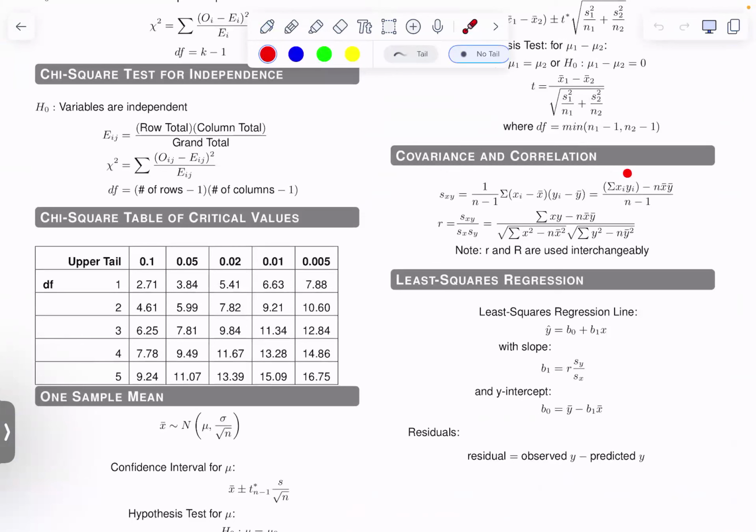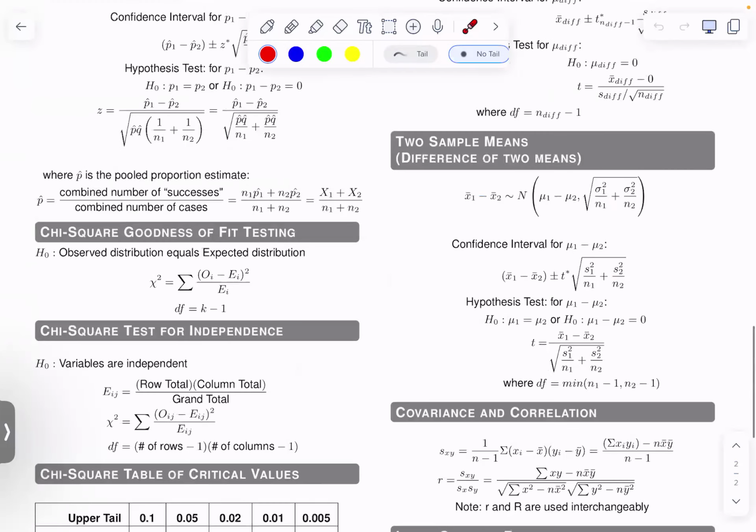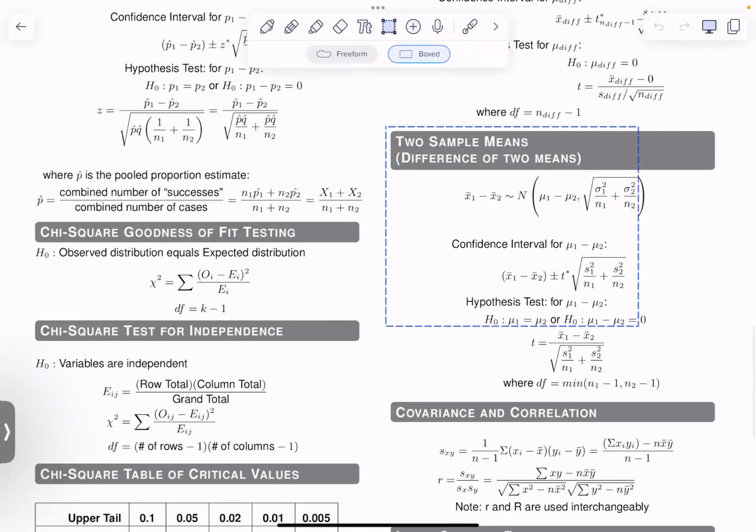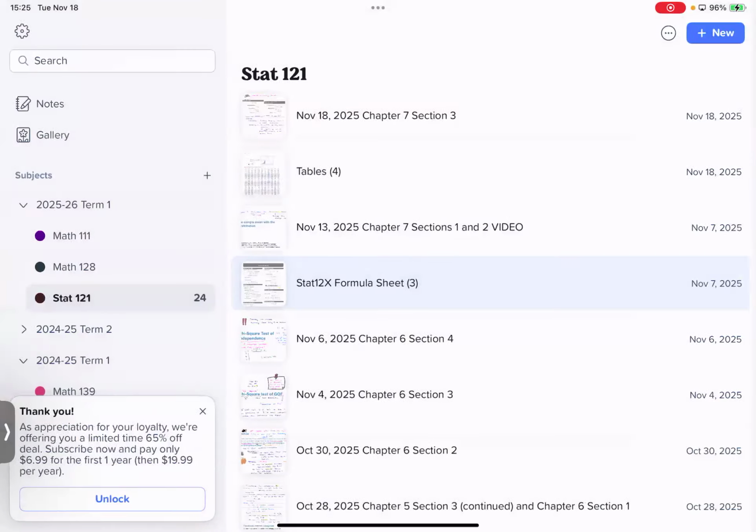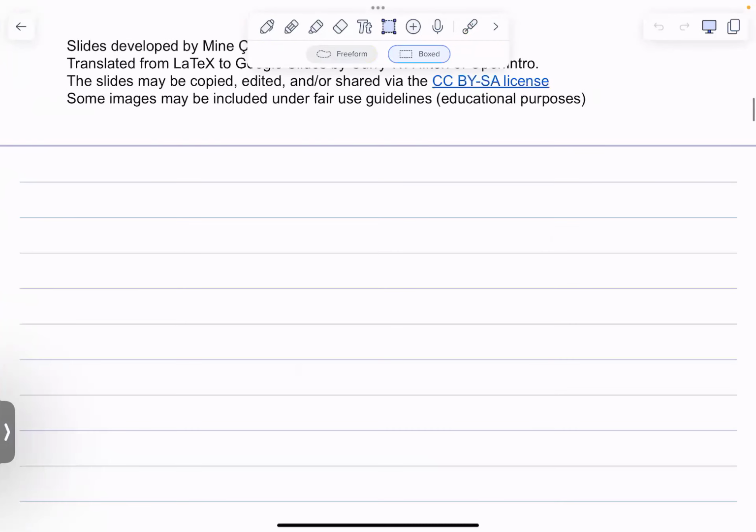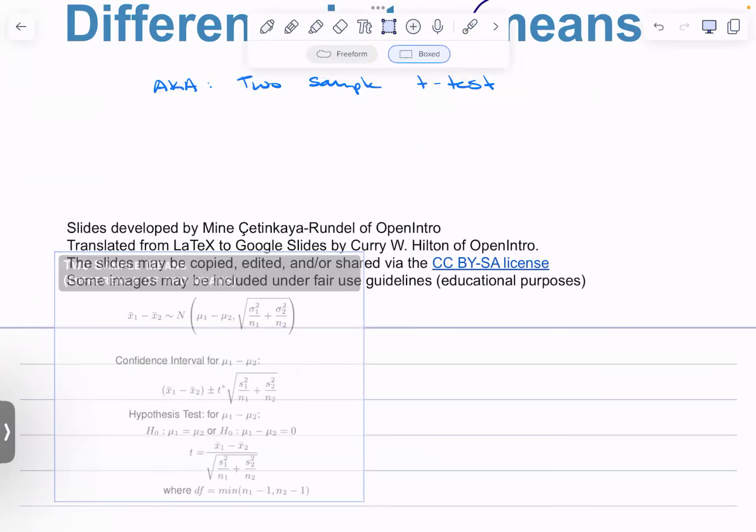I know it felt like we'd never get through this. But then this is just that line of best fit stuff, which we'll do after the test. So this is the last of the material that's on the test. I'll bring it in. So we can talk about it.